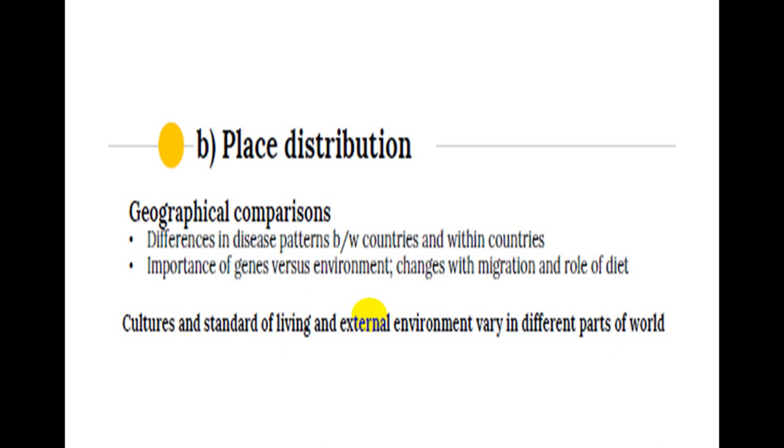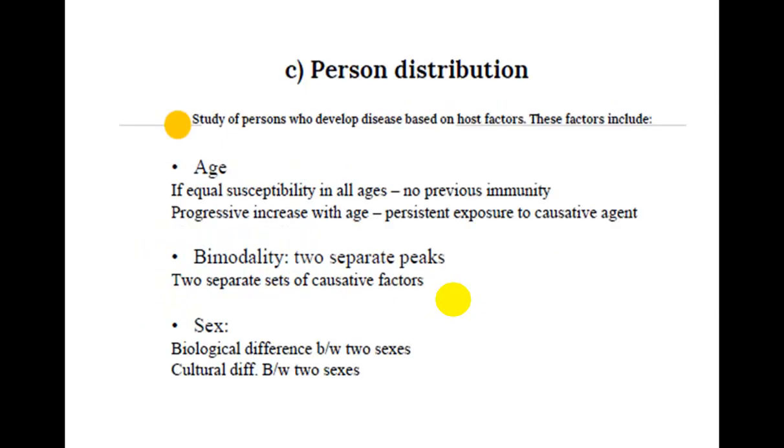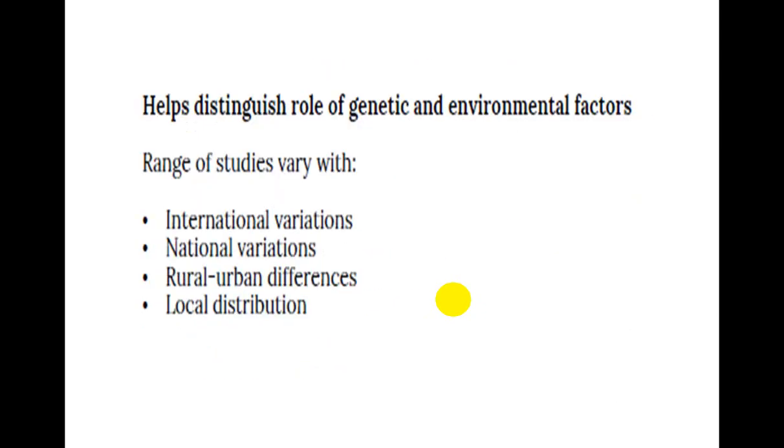The geographic variation in disease occurrence has been one of the stimulants of national and international study. These variations may be classified into four parts: international variations, national variations, rural-urban differences, and local differences.